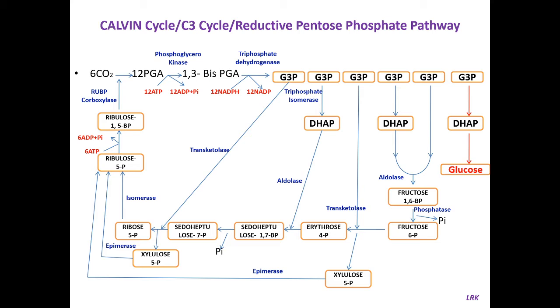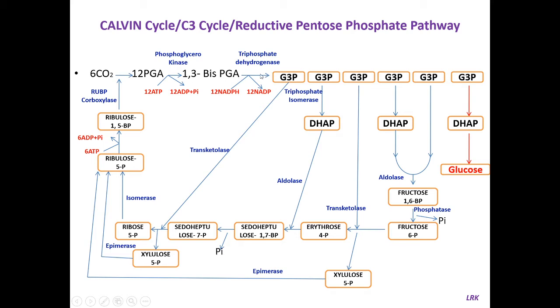Then comes a reduction, very important reduction. Here, 3-phosphoglyceric acid is reduced to 3-phosphoglyceraldehyde. See, this is the glyceric acid. This glyceric acid is reduced to glyceraldehyde.